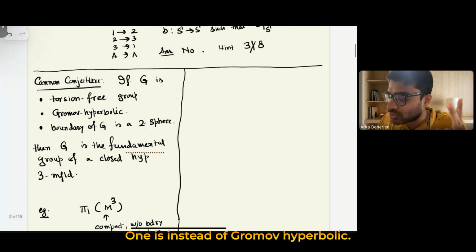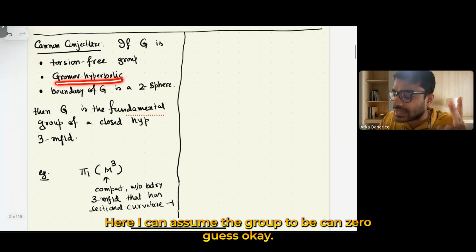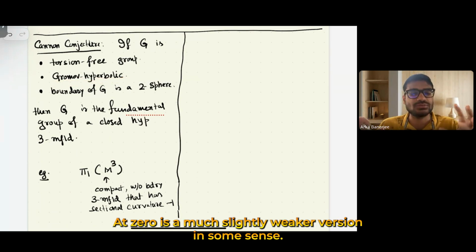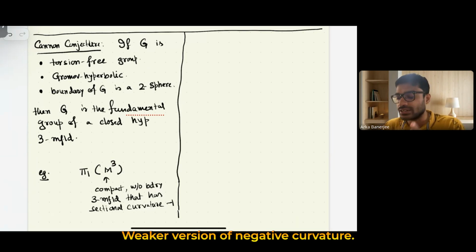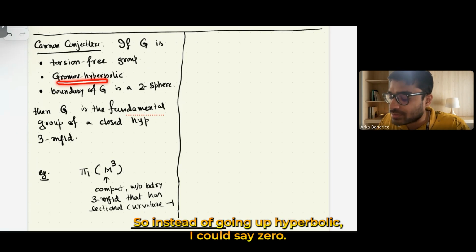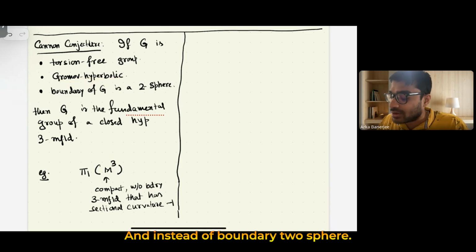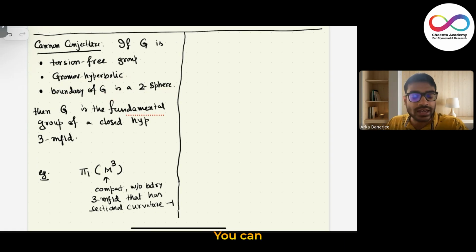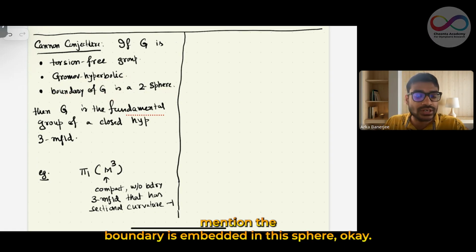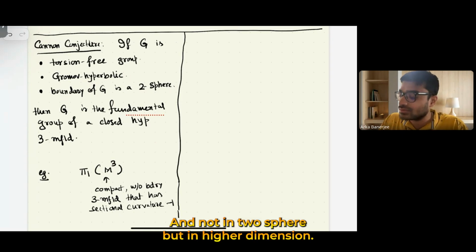One is, instead of Gromov hyperbolic, I can assume the group to be CAT(0), which is in some sense a weaker version of negative curvature. And instead of the boundary being a 2 sphere, I can say the boundary is embedded in a sphere of higher dimension.